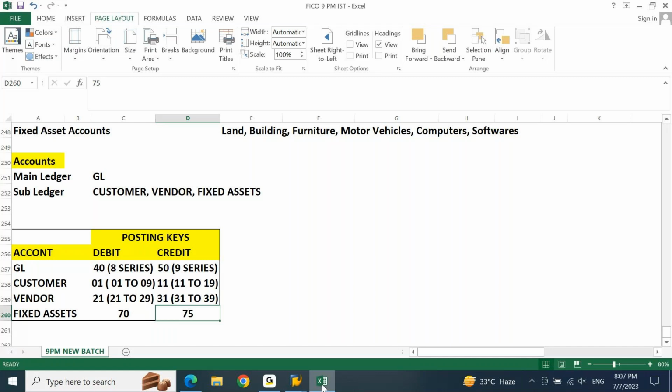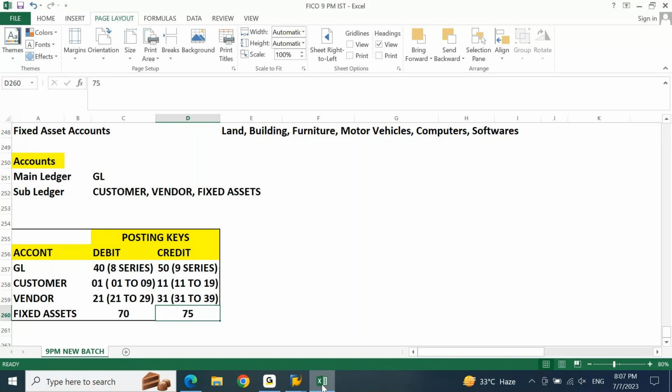Credit is 31 or 31 to 39. These things slowly we have to remember. We should not learn anything by heart, just read through one or two times. Automatically when you are posting and practicing, things will get memorized by default. You do not have to specifically memorize them.